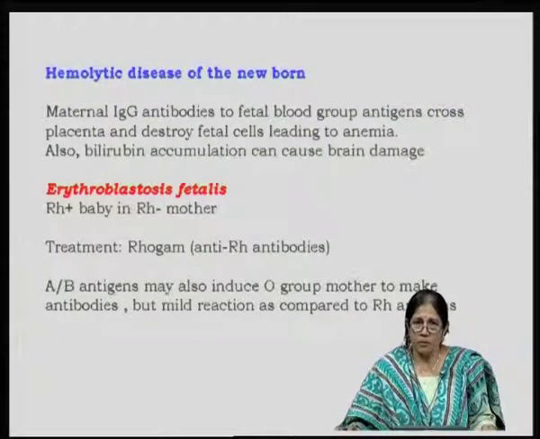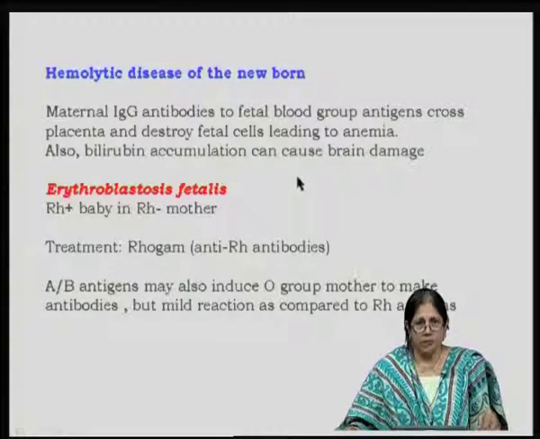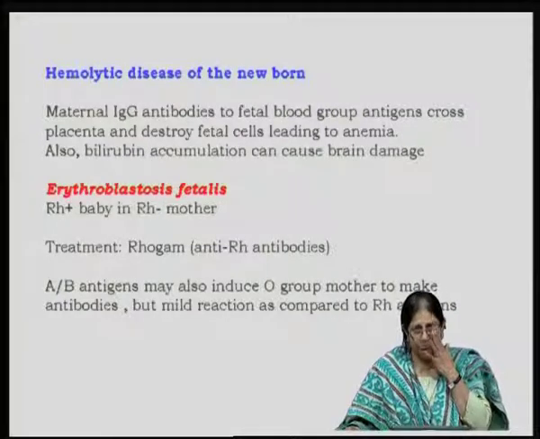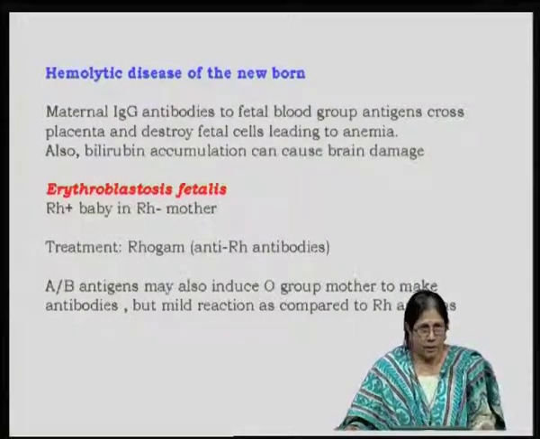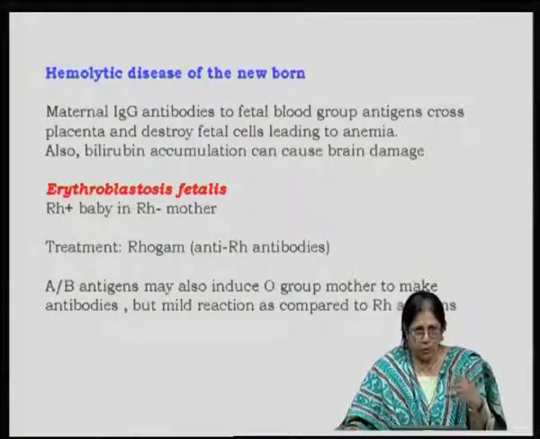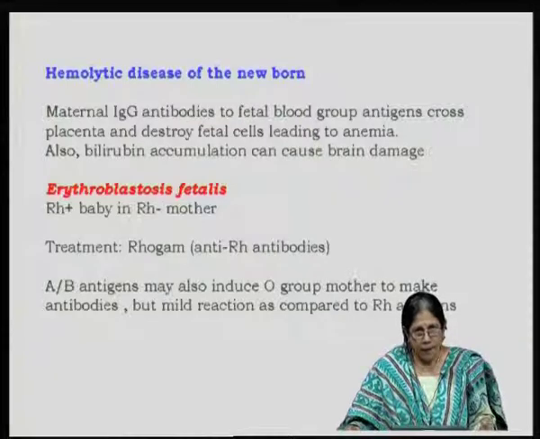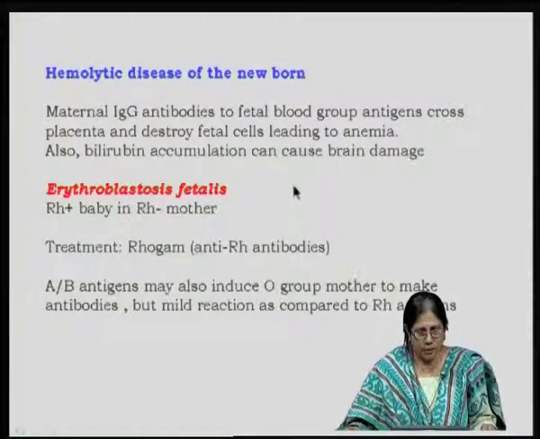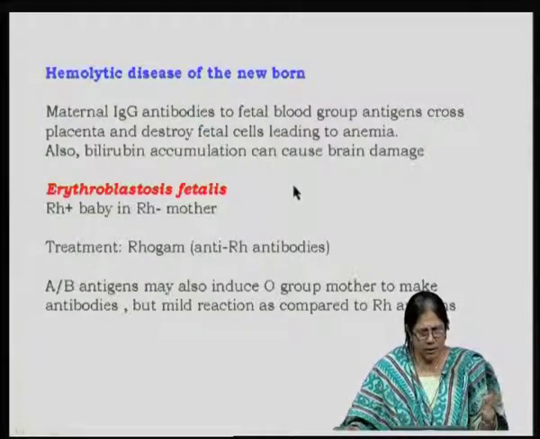Because of class switching, you might remember, there is also affinity maturation. So, whereas IgM antibodies might have lower affinity for Rh, once the IgM antibodies switch to IgG, there would also be automatic higher affinity antibodies. So, these IgG can cross the placenta and cause damage.